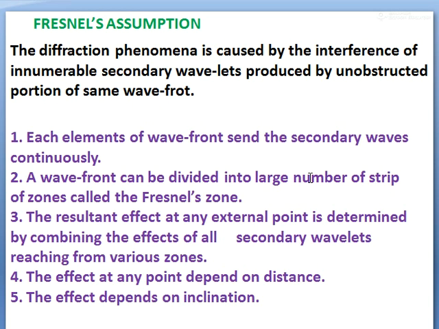And this zone plate basically consists of a parallel glass plate, and on that transparent parallel glass plate I am going to draw concentric circles of radii proportional to the square root of consecutive natural numbers. Mind it, I am taking a glass plate.